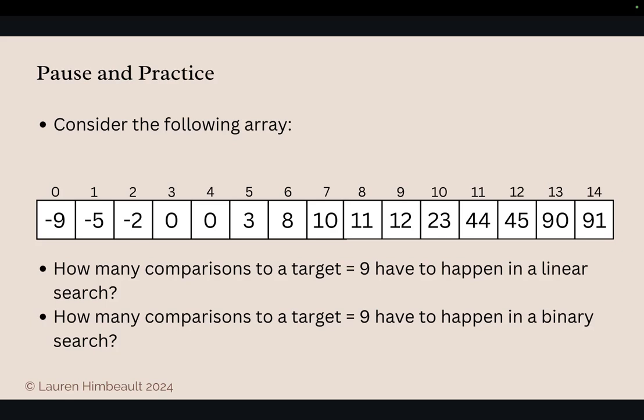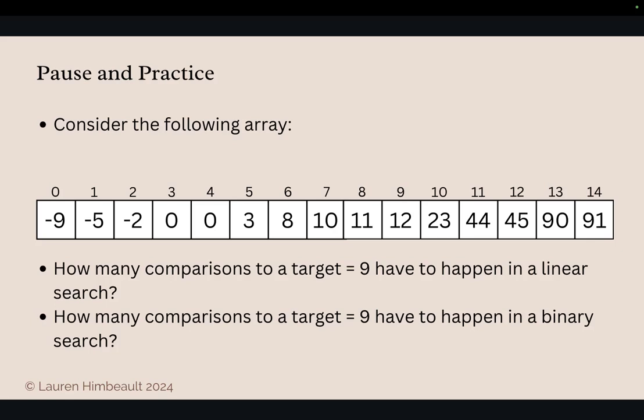Of course, there are ways to modify that linear search, given that this is sorted, to stop once it's no longer possible that it would be in the array, right? But I'm talking about the most naive linear search, the one that I just uploaded, linear search.java. How many times will that loop run looking for the target 9 in this array?